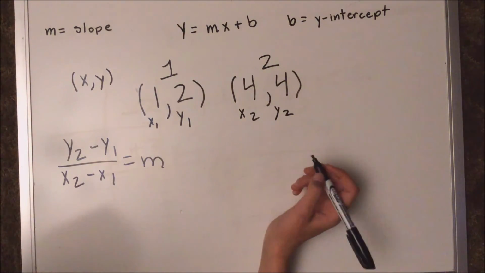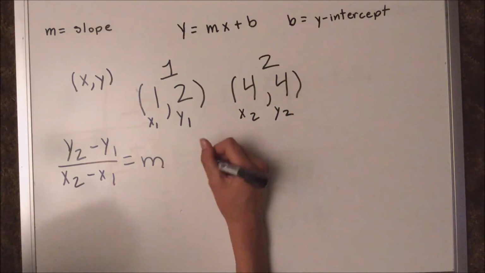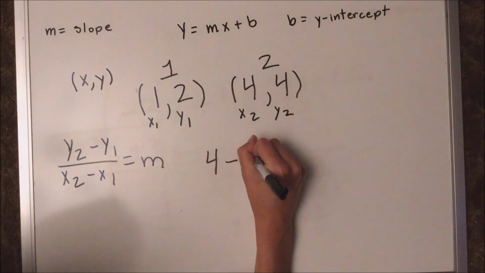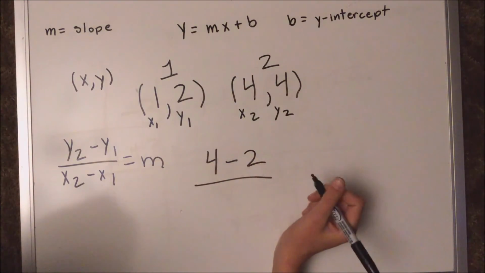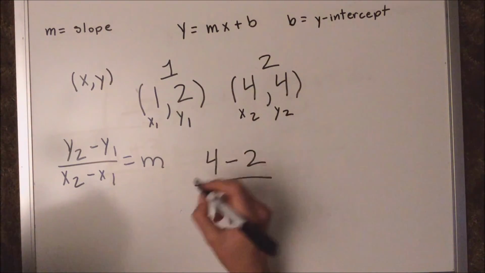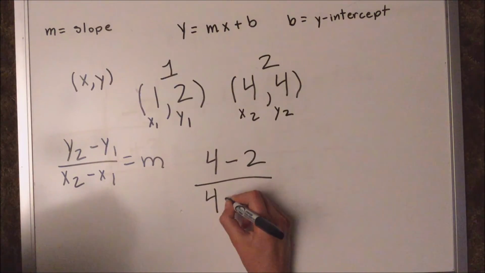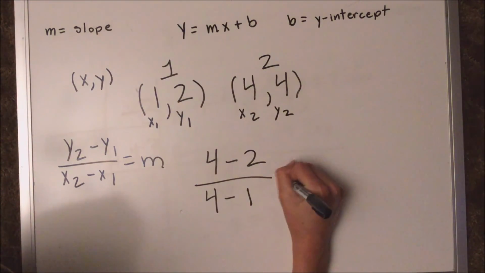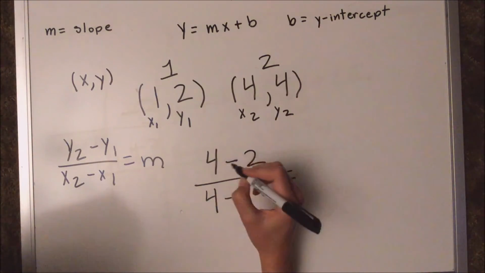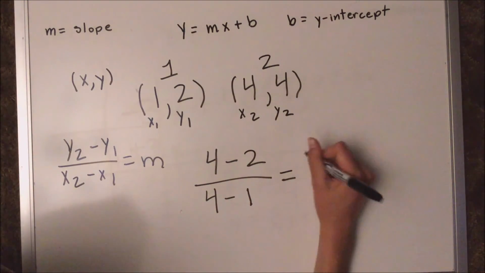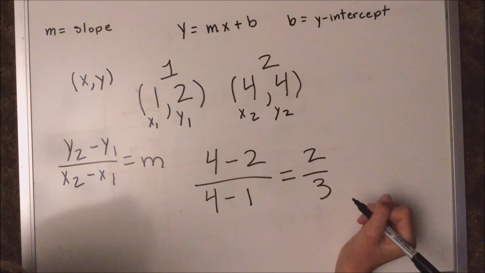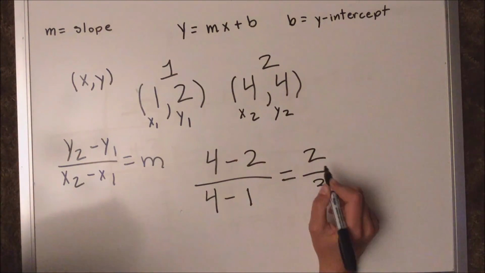So our equation would be y2, which is 4, subtract y1, which is 2, over x2, which is also 4, and x1, which is 1. And we'll just subtract across. So 4 minus 2 is 2, and 4 minus 1 is 3. So our slope is 2/3.